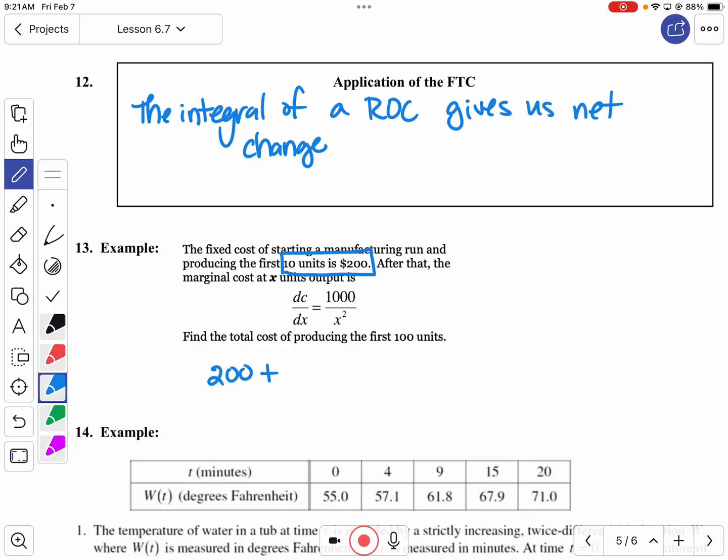That's given. But once I hit 10 units, it has a rate of change. So I'm going to start at 10 on my integral. Where do I want to stop? 100, because I'm producing 100 units. Do I have a rate of change to put in there? Yep, that dC/dx. So we're going to do 1000 over x squared dx. At this point, I'd pick up my calculator and type it in.